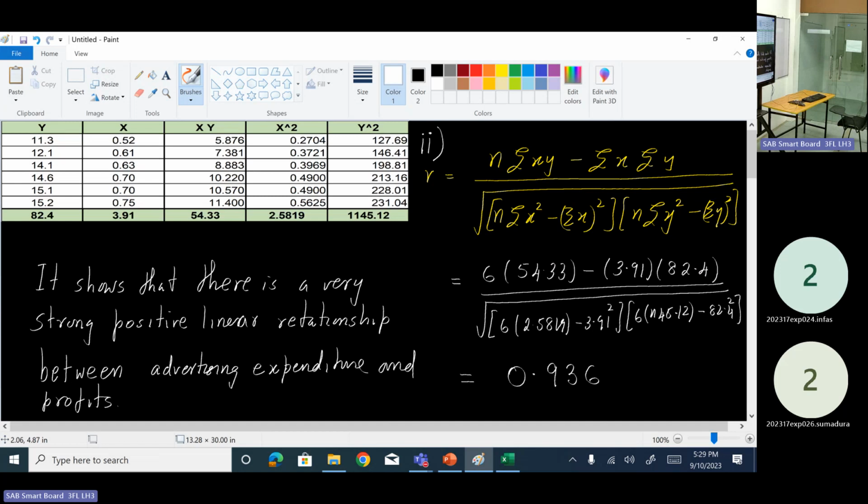So after getting the value, we can say, okay, what type of relationship is there? It shows that there is a very strong positive linear relationship between advertising expenditure and profits.